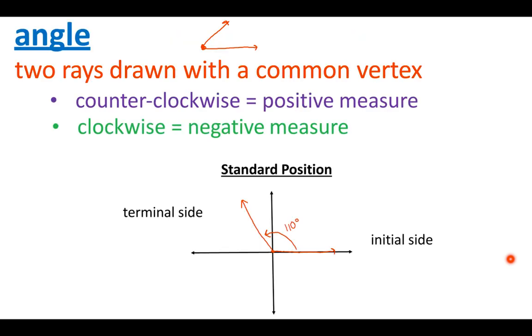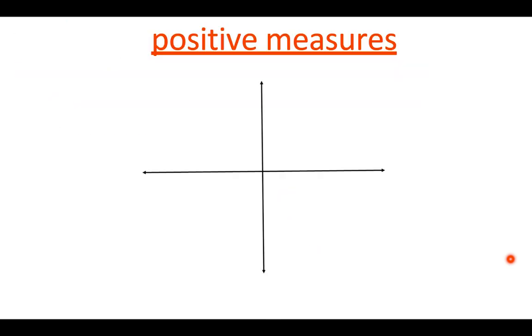When we're graphing these, we're going to graph both positive and negative measures. So hopefully you know what I'm going to show you, but if not, it would be just a little bit of review. We start here. This is, say, 0 degrees. That's going to be our beginning point.